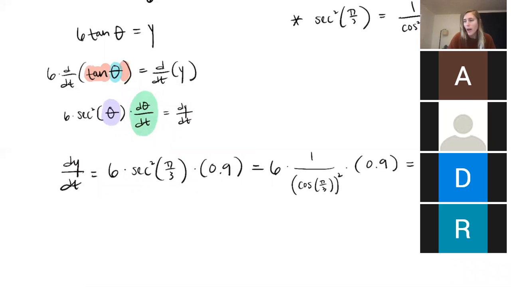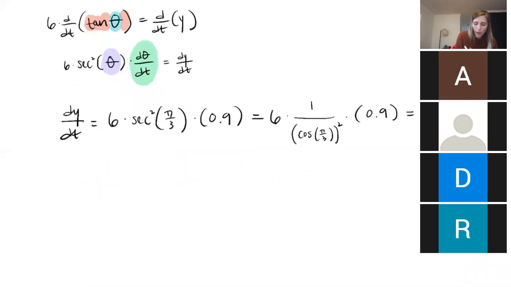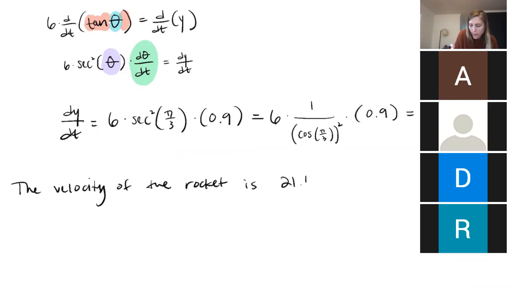So to summarize, we could say the velocity of the rocket is 21.6 kilometers per minute when theta is equal to pi over 3.